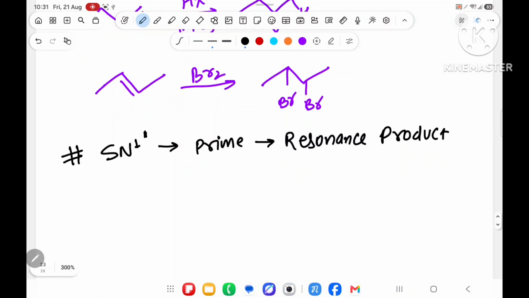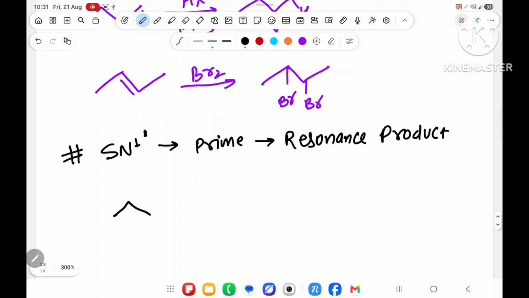Just wait and see. Over here, suppose I have given an allylic alcohol with OH, and you react this with HBr. What will happen? How many products will we get? See it over here. First, H plus will attack. After attacking with H plus, you will get a plus over here and a double bond over here.